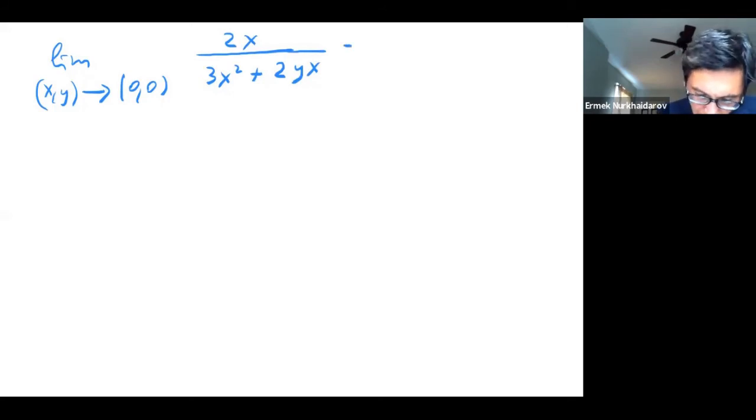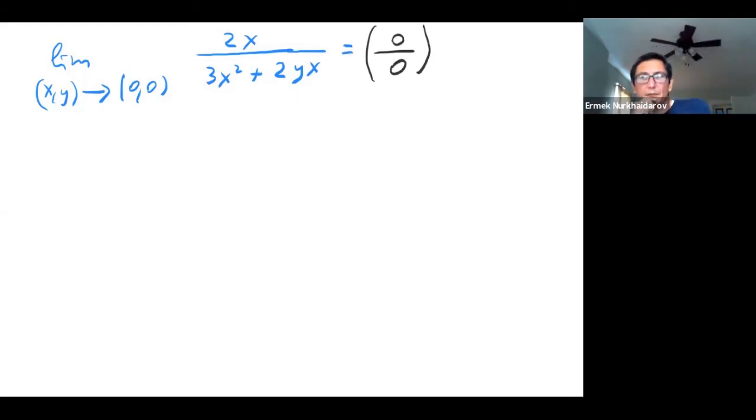So again, our first instinct will be to substitute the limit values, and we're going to get 0 over 0, which is undefined, undetermined. It's yet to be determined. So what will we do?